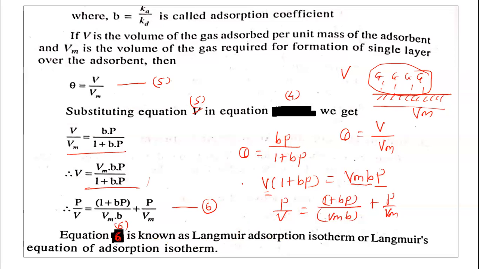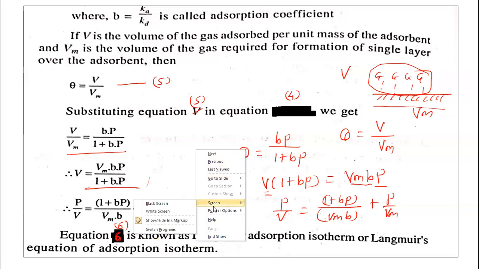Once again we are repeating steps 5 and 6, to see how we get Langmuir's adsorption isotherm. We know that theta is equal to b into p divided by 1 plus b into p, and theta is equal to V upon Vm, where V is the volume of the gas adsorbed per unit mass of the adsorbent, Vm is the volume of the gas required to cover the total surface area of the adsorbent, and theta is the fraction of the surface covered by the gaseous molecules.